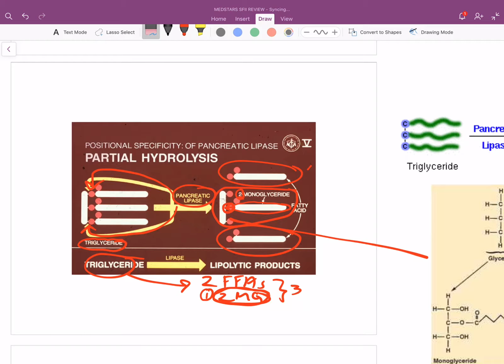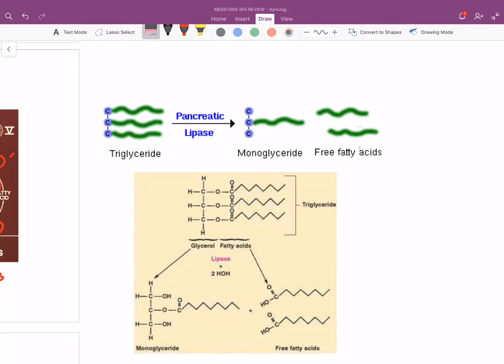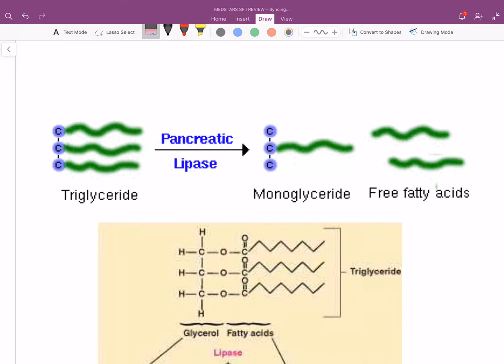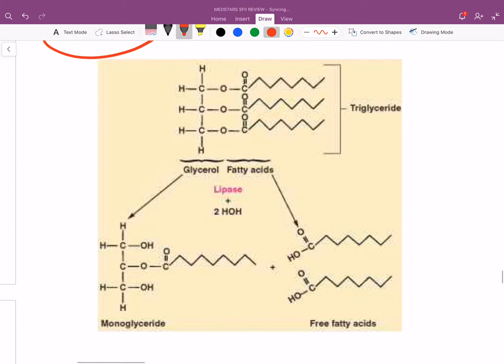I found a few images online that are pretty clutch in explaining pancreatic lipase. Like I said, you take a triglyceride, attached to this 3 carbon backbone. It converts it into a 2-monoglyceride, 2 because of the second carbon, and you get 2 free fatty acids. Here's just another diagram that shows that.